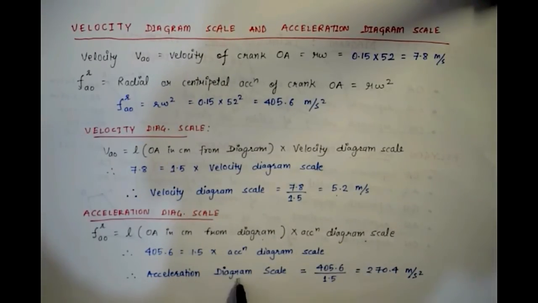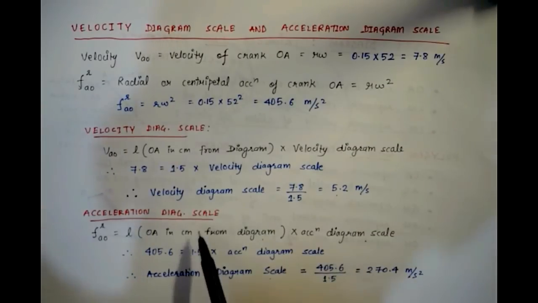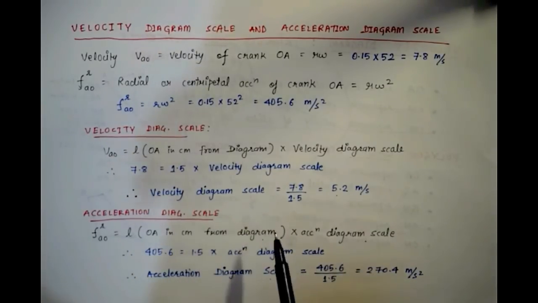Now the acceleration diagram scale will come as 270.4 meter per second square. From these scale values we will calculate the velocity of the other parts, that is the connecting rod and slider.